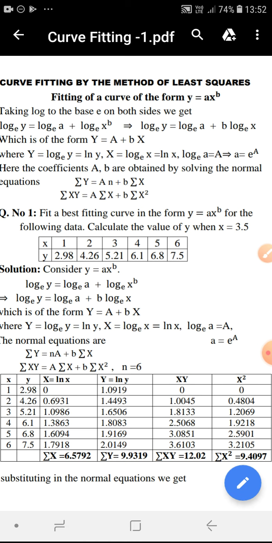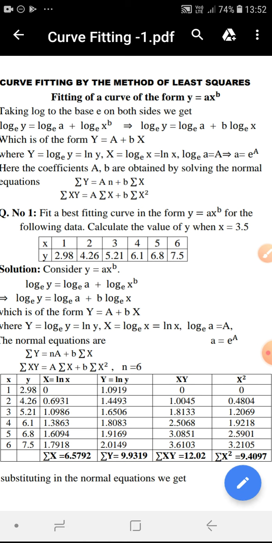Similarly, looking at each of the given y values, calculate capital letter Y, which is ln y. Once you get capital X and capital Y values, multiply the corresponding entries to get all the capital XY values. Then the last column shows capital X square values.